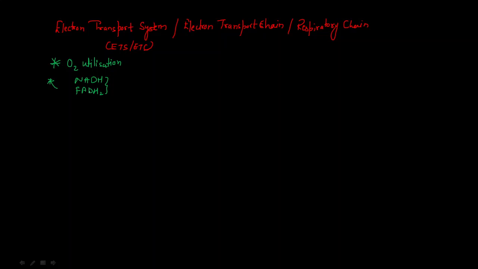So what is the fate of all these? Well, these molecules are going to ultimately give their electron and proton to this electron transport system, and ultimately we will see the ATP production is going to happen. So that is why this electron transport is necessarily there in the case of aerobic respiration, right?